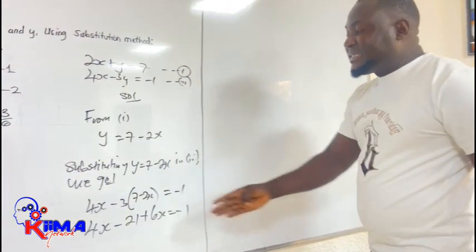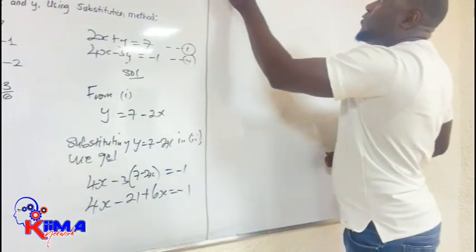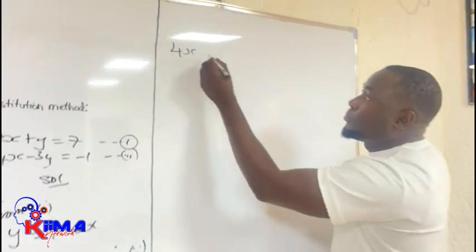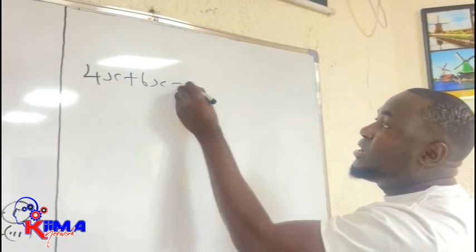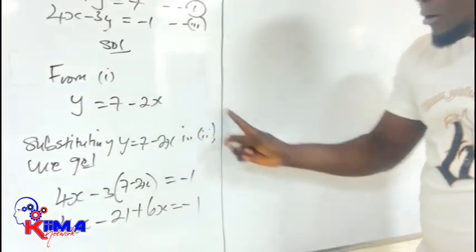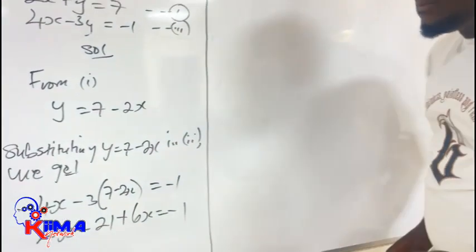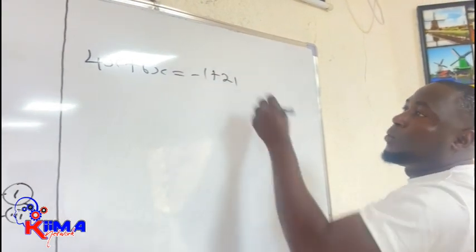So by collecting like terms, that is putting the x variables together, we have 4x plus 6x is equal to -1. When you bring the -21 across the equality sign, you get positive 21.